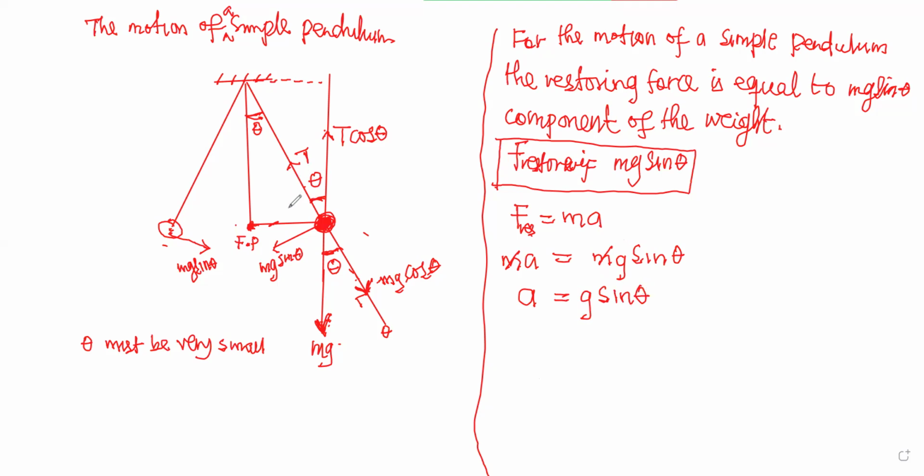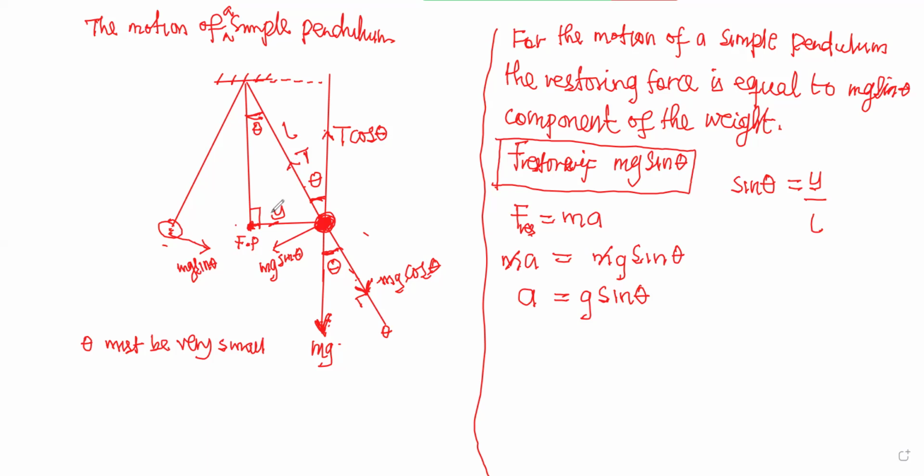If we look at what we have, we realize that sine theta is equal to the displacement y over the length of the string L. Sine theta from the right angle triangle we have here is equal to the displacement y over the hypotenuse, which is the length of the string.